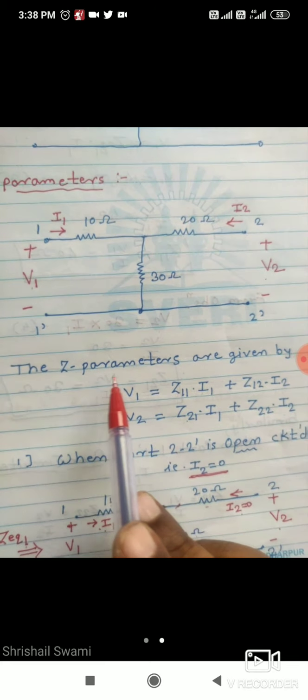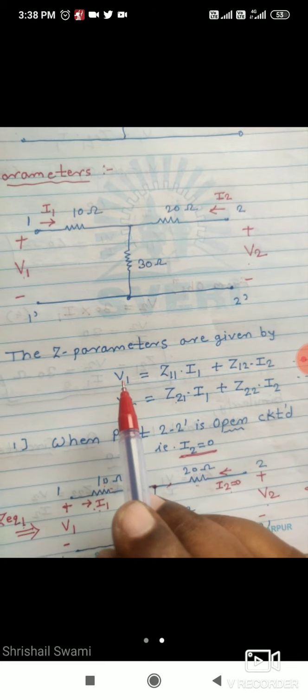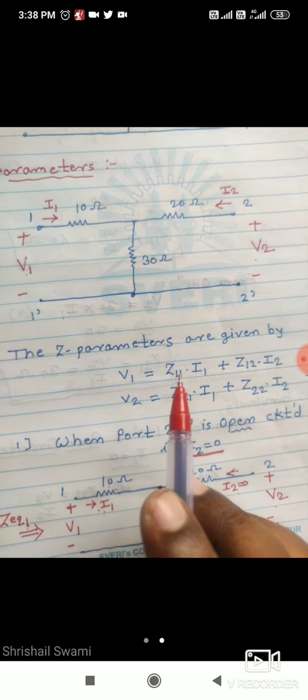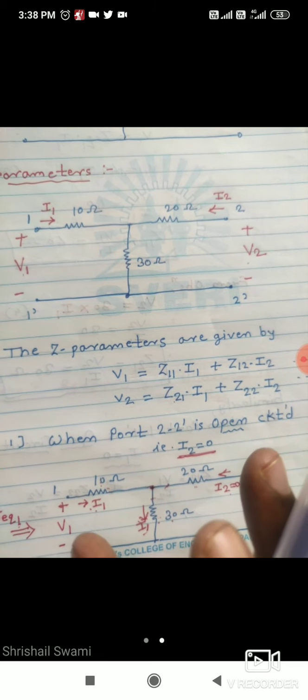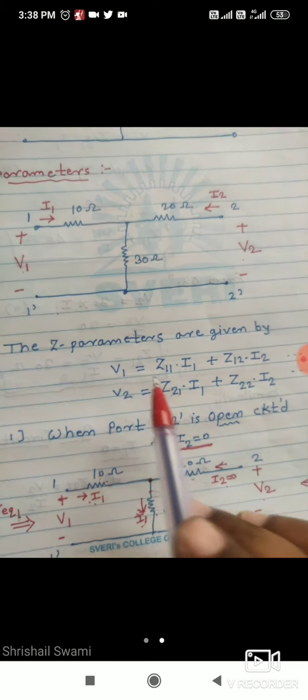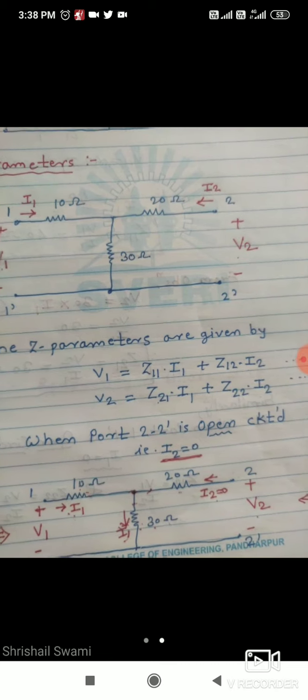Now the Z parameters are given by, first of all, any question in two-port networks starts with the equation of that particular parameter. If it is Z parameter, write the Z parameter equations. If Y is asked, write the Y parameter equations. If H is asked, write the H equations. Okay, always write in the form of linear equations.